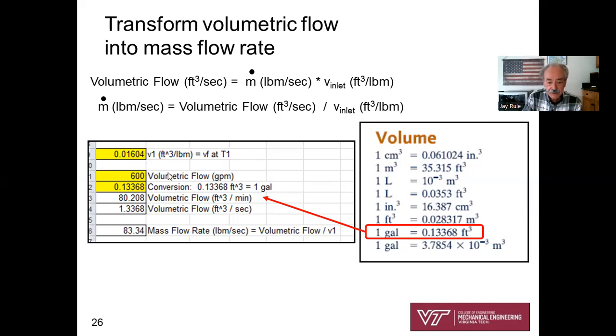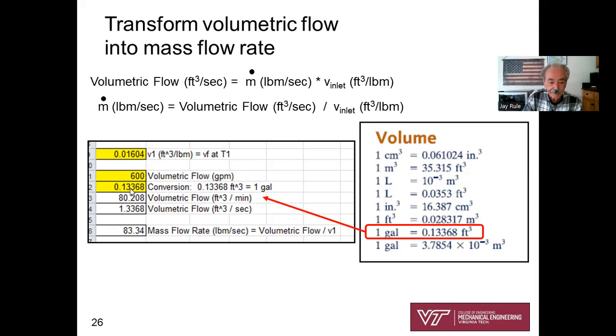Okay, we've got 600 GPM given. We'll go and look up a conversion to see there's 0.13368 cubic feet in 1 gallon. Like a gallon of milk. Okay, so we will get our units straight and see that the volumetric flow is 80.208 cubic feet per minute. 80 cubic feet per minute.